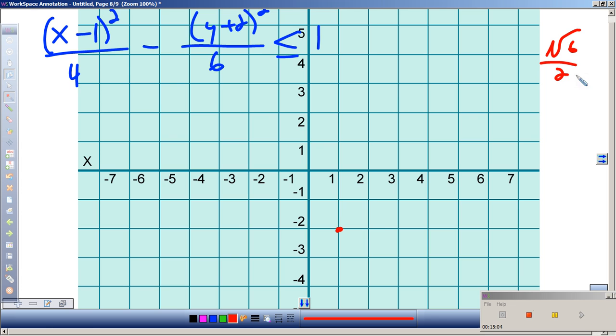About 1.22, so that's about 5/4. It's a little less than 5/4, so right there. It's not exactly accurate, but it's close enough.